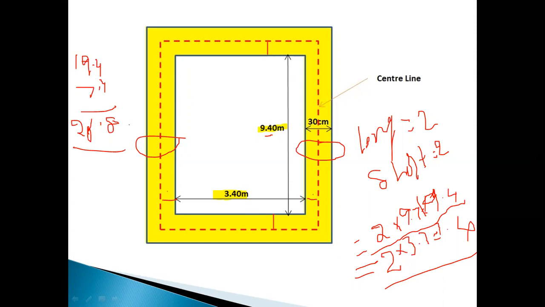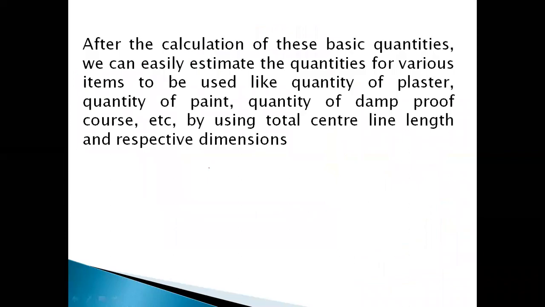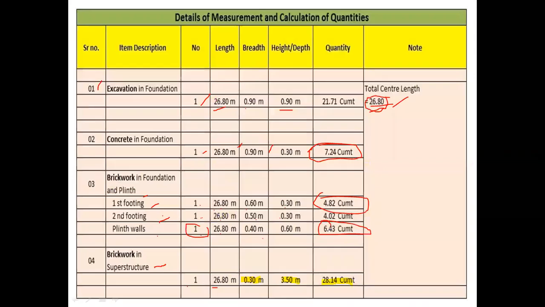Similarly, in the center line method, the total length is also 26.8. In the long wall short wall method, we take long wall and short wall calculations with the same numbers.